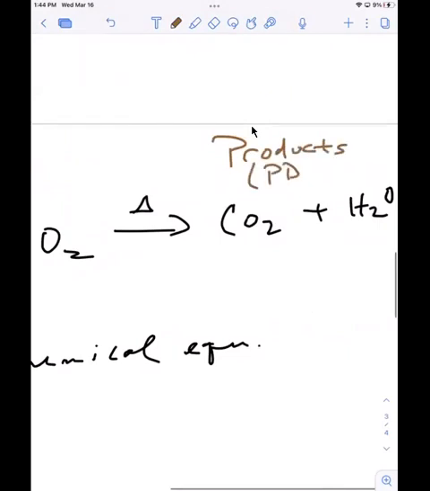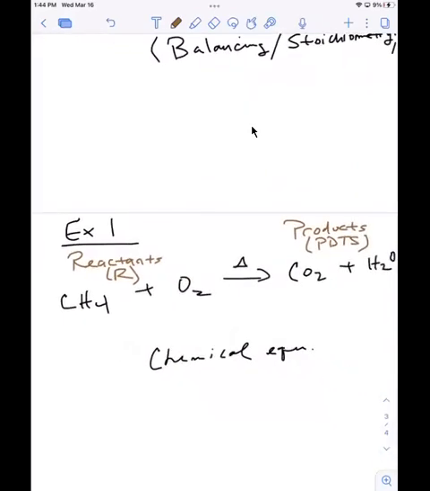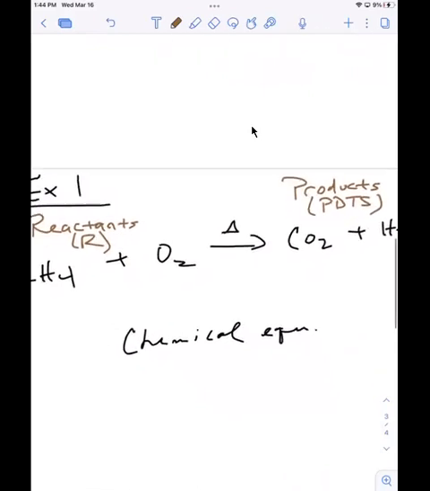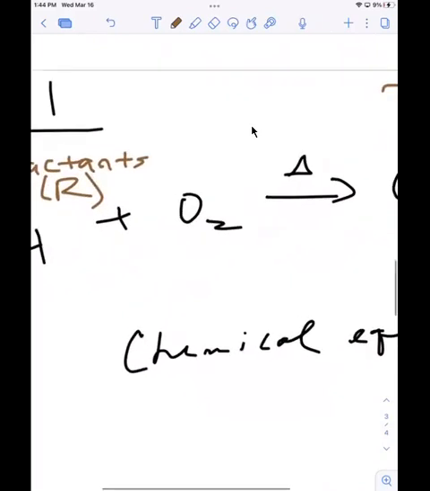Sometimes you'll see me abbreviate this as PDT, or reactants will be just R. The reactants are the two chemicals or molecules or atoms that are coming together to form some new compounds. If you notice on the other side of the arrow, CO2 and H2O are totally different. That's not the same thing that's on the reactant side. So that plus sign right there is telling me that a reaction is taking place.